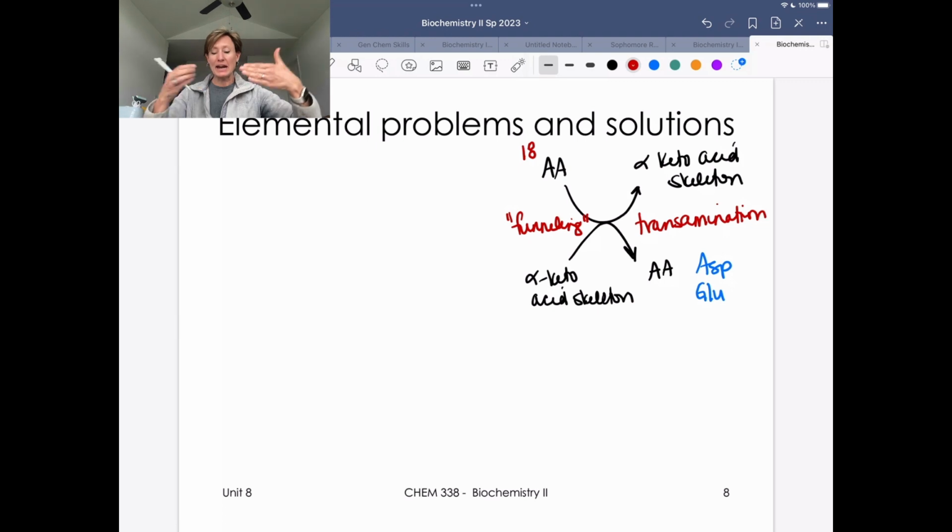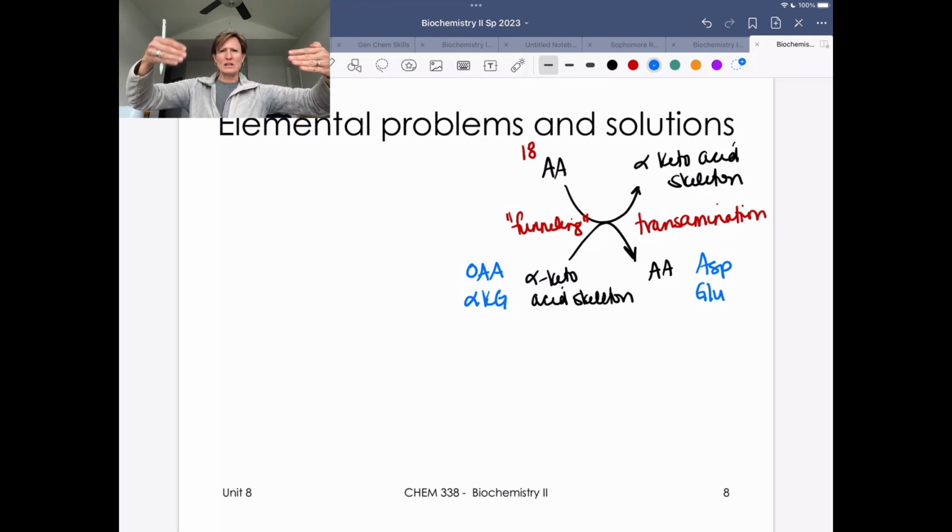And these are some pairs I want you to be able to associate. The alpha keto acid skeleton of aspartic acid is oxaloacetate. And the alpha keto acid skeleton of glutamic acid is alpha ketoglutarate. So if we think about this, oxaloacetate is an alpha keto acid skeleton.